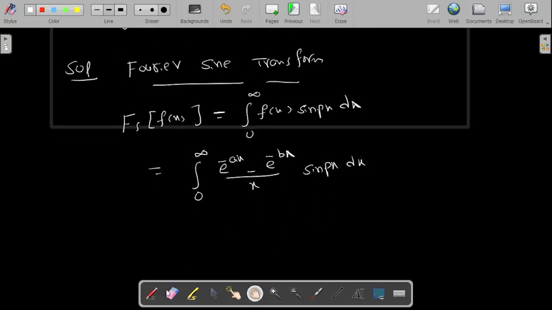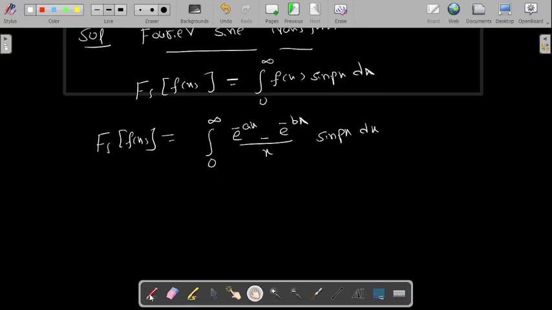Okay, this is the Fourier sine transform of f of x. Now what we are doing is differentiating with respect to p. When you are doing it with respect to p, x is a constant.